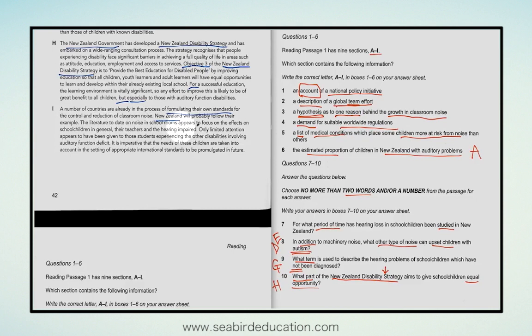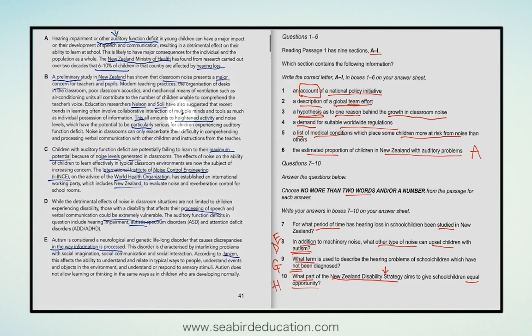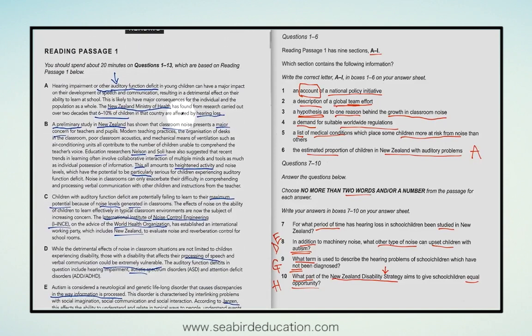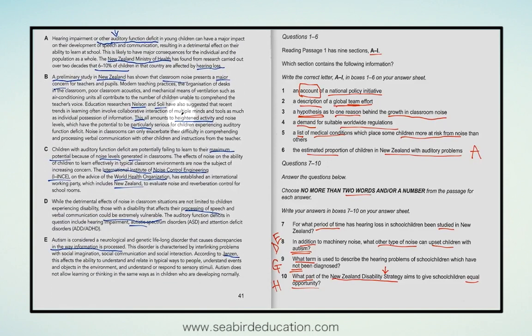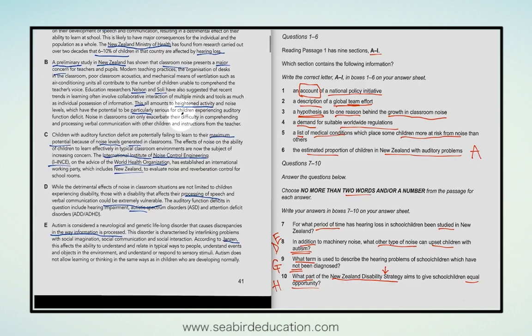Okay. It is imperative that is a hint phrase. Okay. So it's a bit trickier than normal. Let's see. An account of national policy initiative.